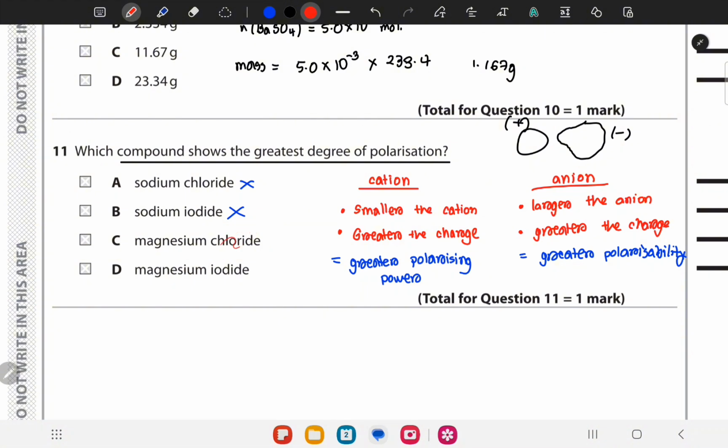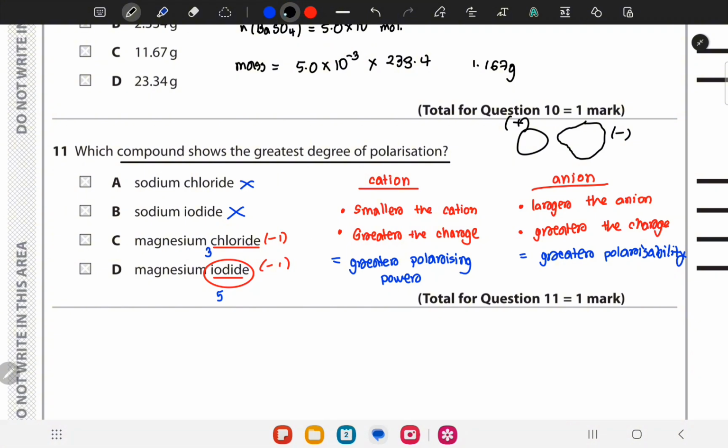Now if we check the anion over here, we have chloride and iodide. Both of them have the same charge of -1. However, iodine is in period 5, while chlorine is in period 3.